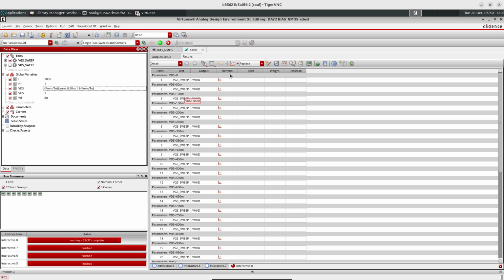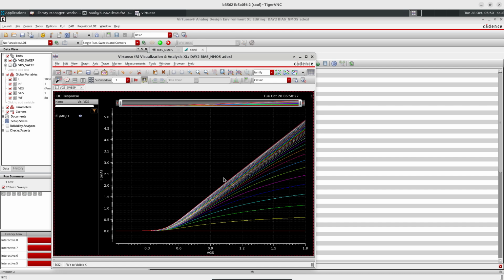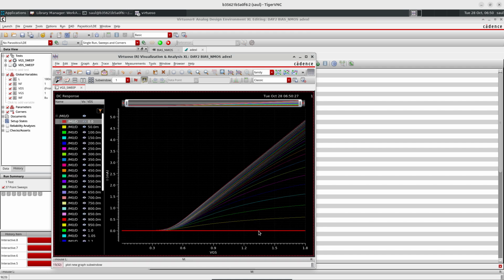Okay, we are almost done. And then we can see the curves of IDS versus VGS for different values of drain to source voltage. So the first one is 0 volts, which means that this is in the linear region. Okay, VDS is smaller than VGS minus VT.